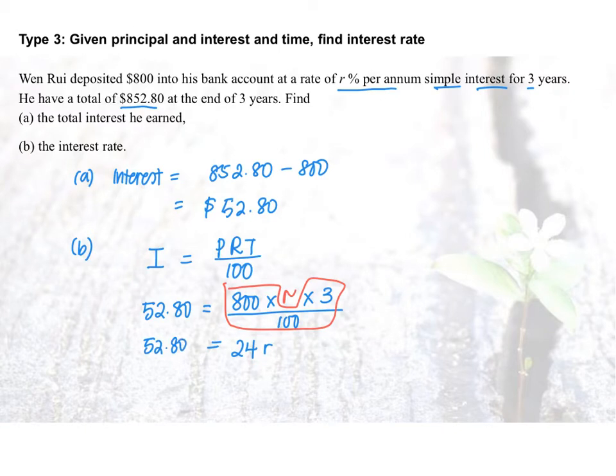So now let's work out how do we find R. So interest rate will be given to be $52.80 over 24. And that will be 2.2. That means in this case, the interest rate is 2.2%.